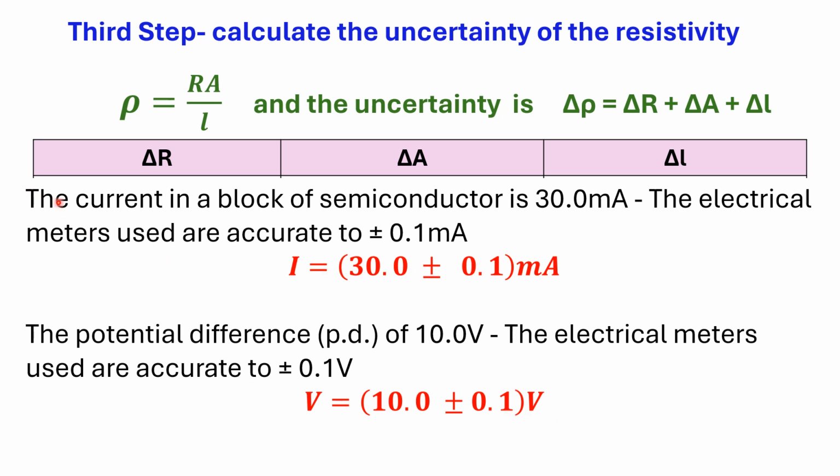So here I state what was provided in the question. The electrical meters used are accurate to plus minus 0.1 milliamps. So that's how you represent the value of the current plus minus its uncertainty.